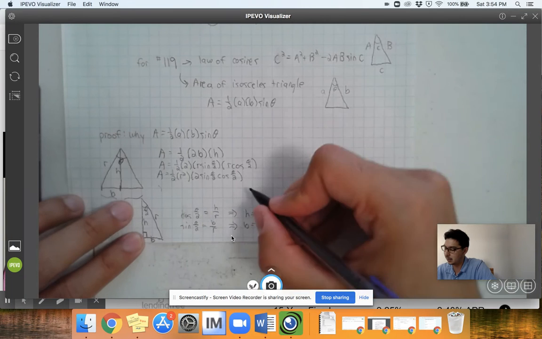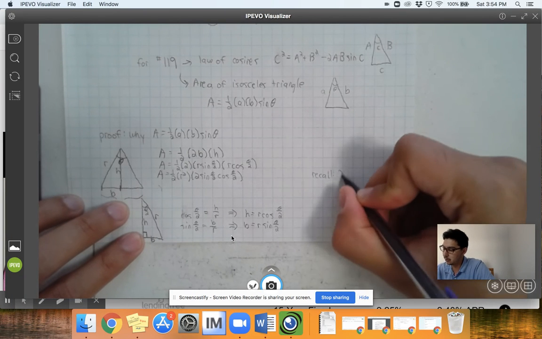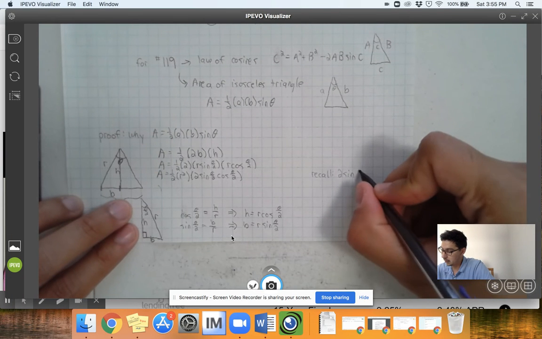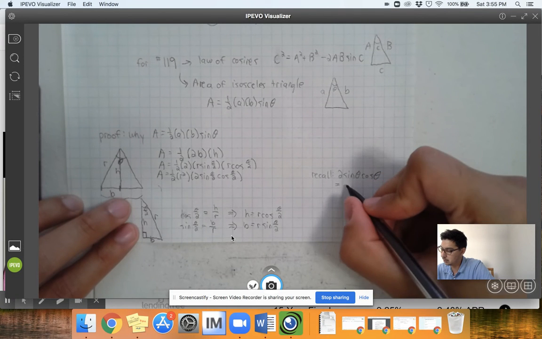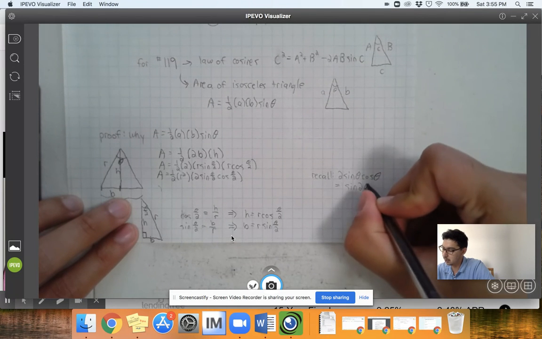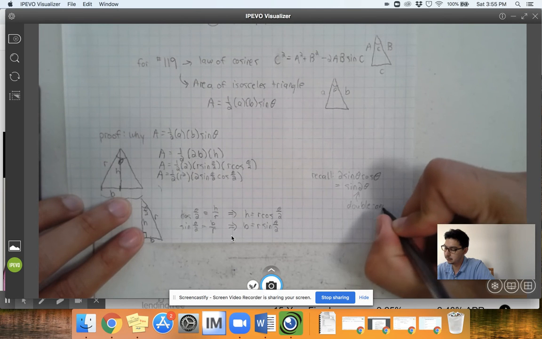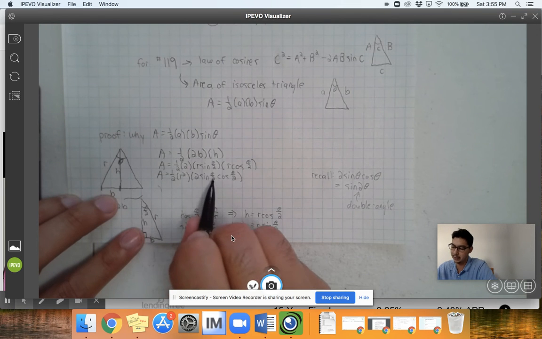And the reason for that is, recall that 2 sine theta cosine theta is equivalent to sine of 2 theta. It's a double angle formula. Okay. And notice here we have 2 sine of an angle, cosine of an angle.